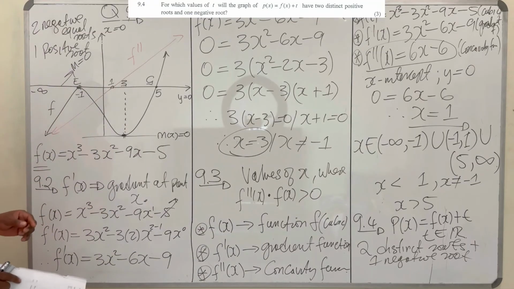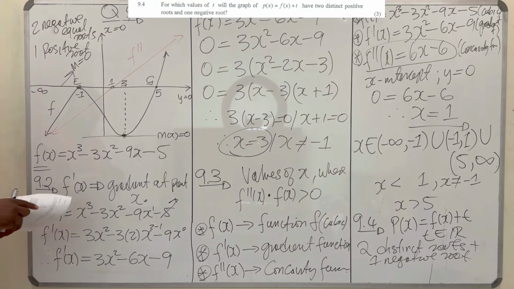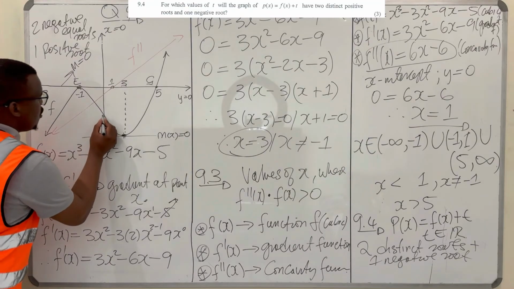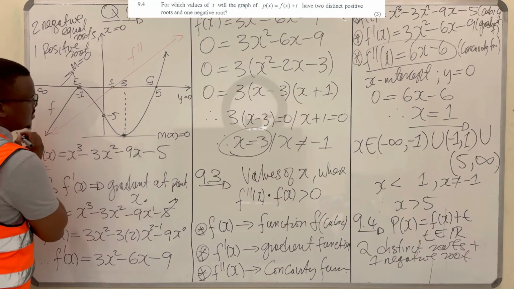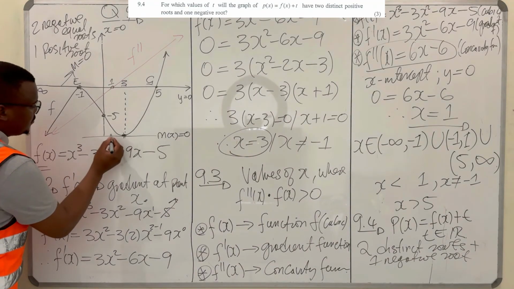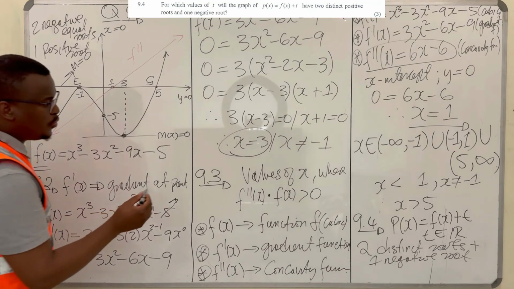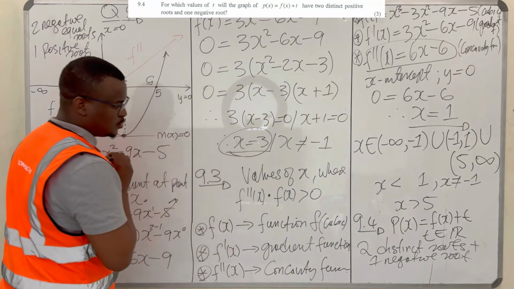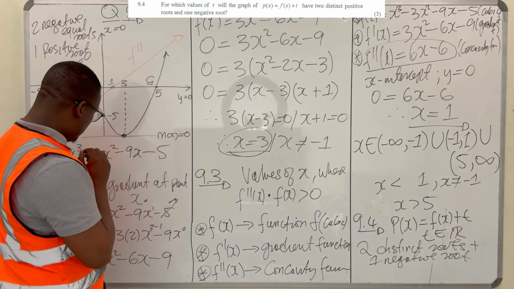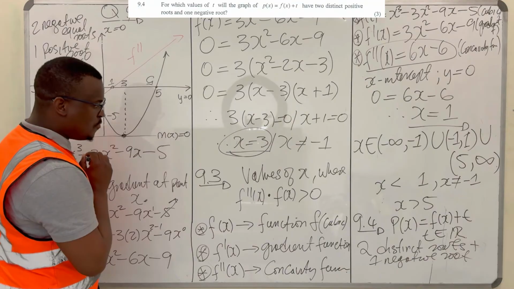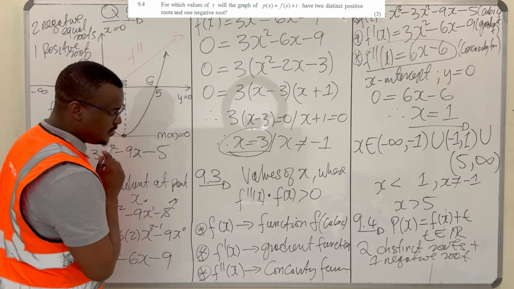So if you're looking at it here, you know very well that here, your x-intercept is equal to -5, right? And this value here, the turning point, you don't know the value of this turning point, but you know it was at x is equal to 3. So it looks like we might need to find the corresponding y value.